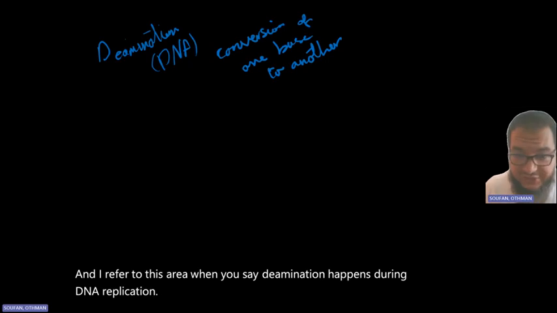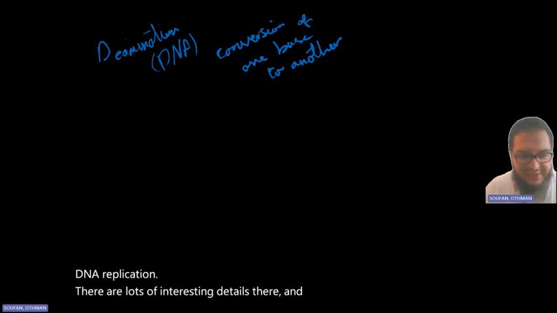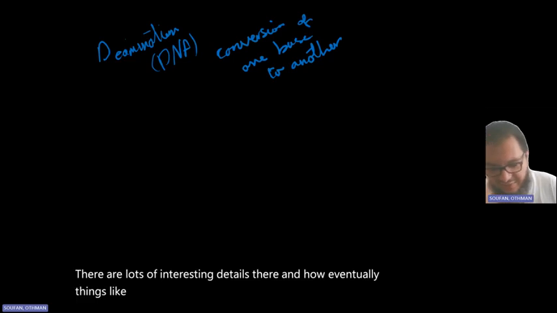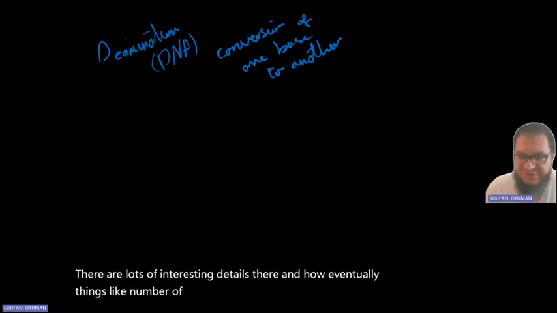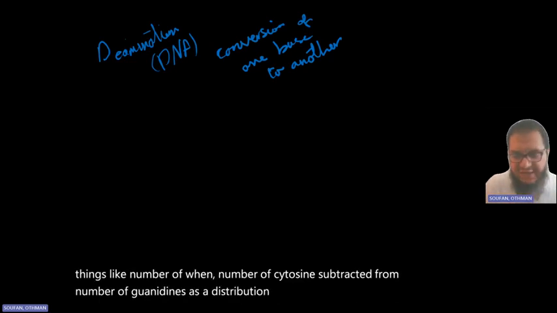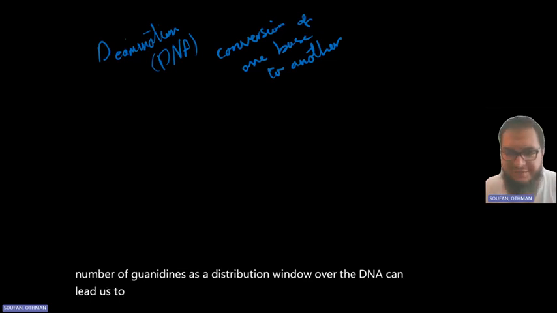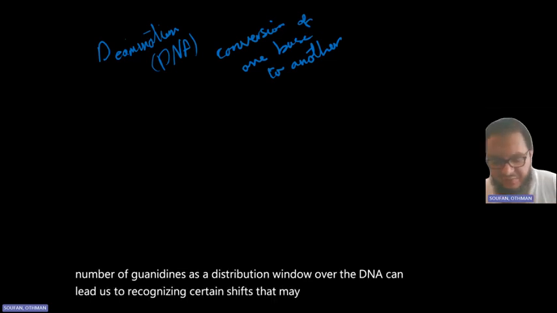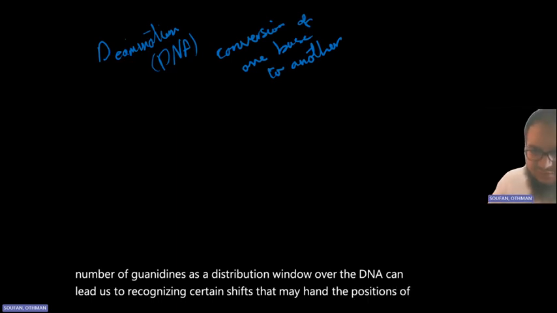There are lots of interesting details there, and how eventually things like the number of cytosines subtracted from the number of guanines, as a distribution window over the DNA, can lead us to recognize certain shifts that may hint at the positions of origin of replication.